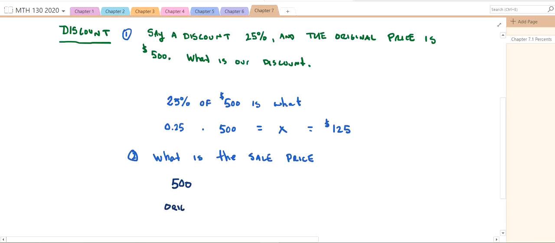So there's our original, and we subtract off the discount, I should say, not the sales price. And we end up with $375. And that is our sales price.